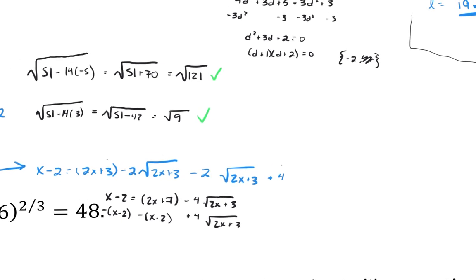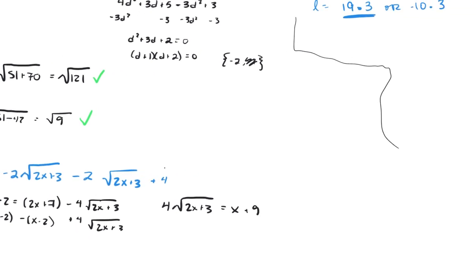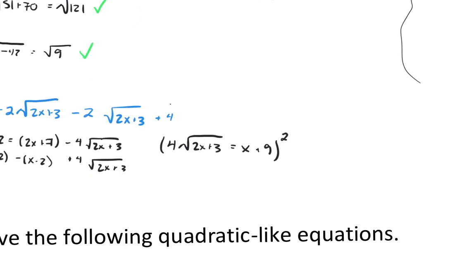So that will have 4 square root of 2x plus 3 is equal to 2x minus x is x, 7 minus negative 2 is positive 9, and then we'll want to square it again. We'll end up with 16 times 2x plus 3 is equal to the quantity x plus 9 squared.